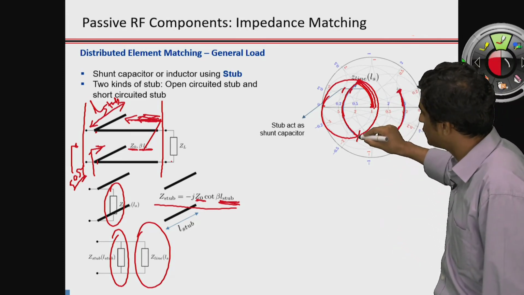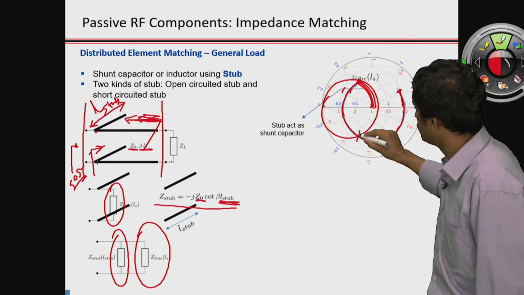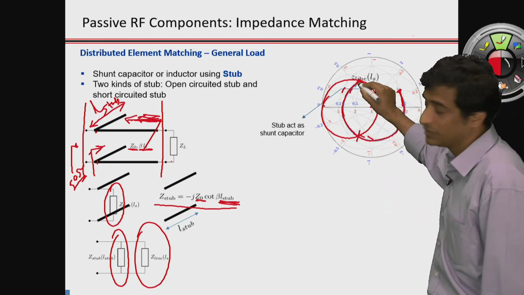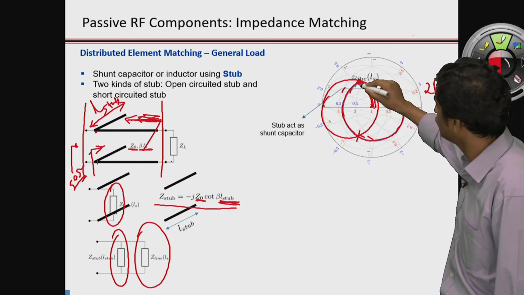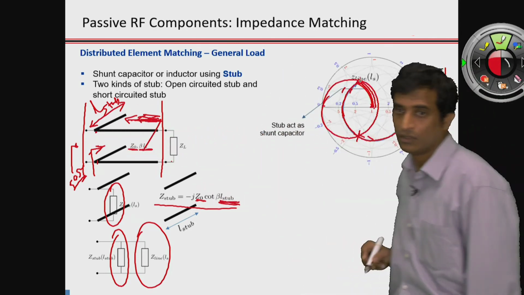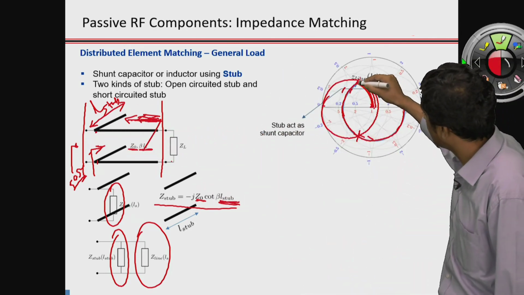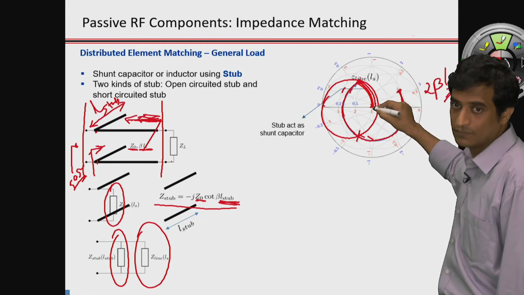Turns out that you can choose even this point or this point, it doesn't matter. We can either choose this particular point to stop or this particular point to stop to realize the length. It is just that if you choose this point, you're going to have a longer transmission line section where you connect the stub, and the nature of the stub that you realize is going to be a capacitive stub.